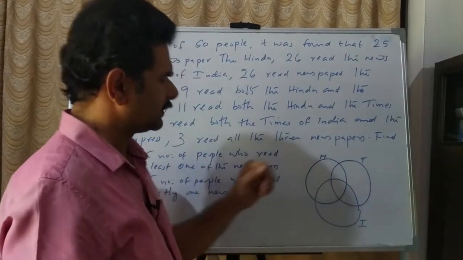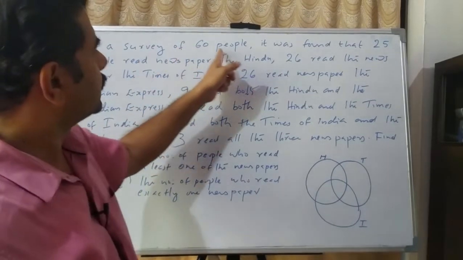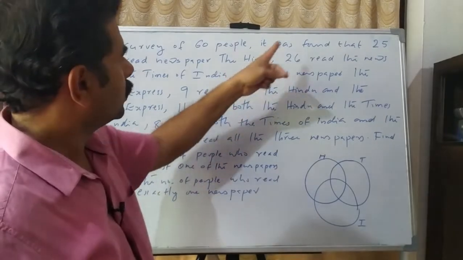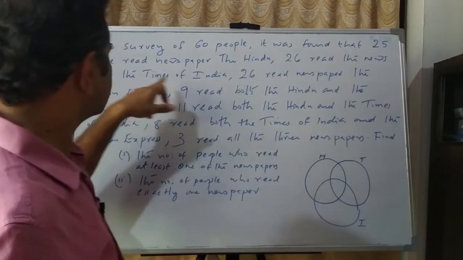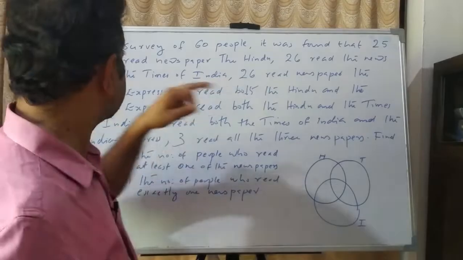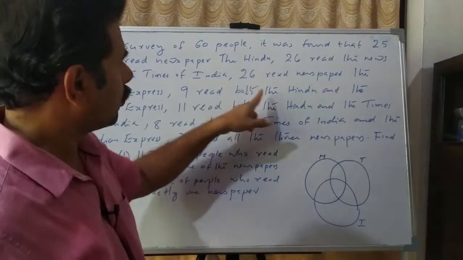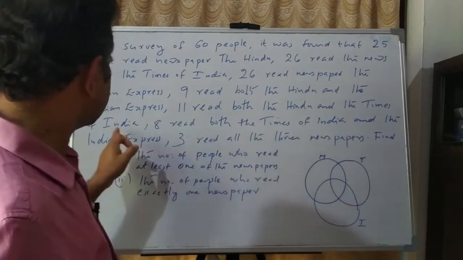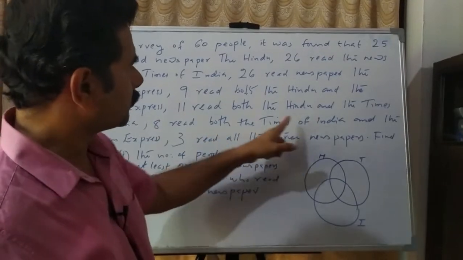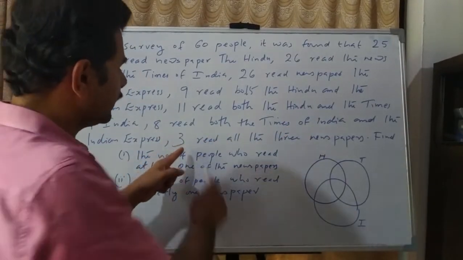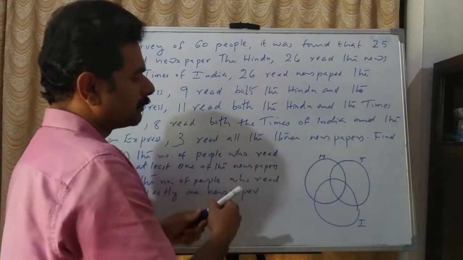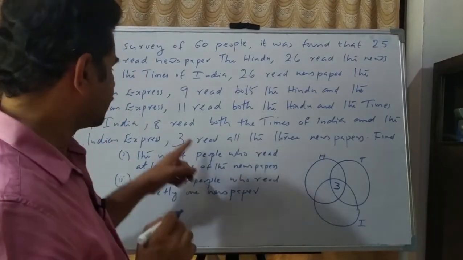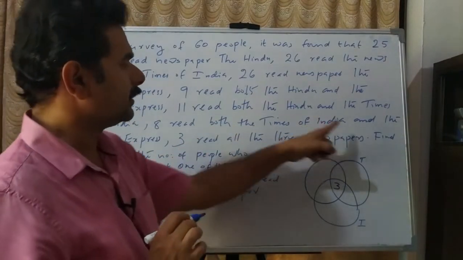Let us read once again: in a survey of 60 people, 25 read The Hindu, 25 read The Times of India, 26 read The Indian Express, 9 read both Hindu and Indian Express, 11 read both Hindu and Times of India, 8 read both Times of India and Indian Express, 3 read all three newspapers. So firstly I am filling here 3.